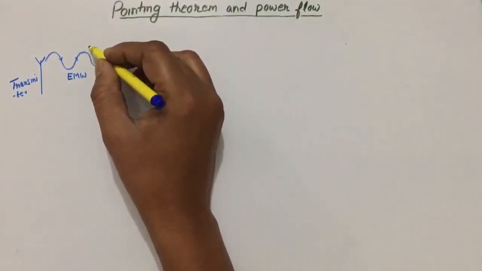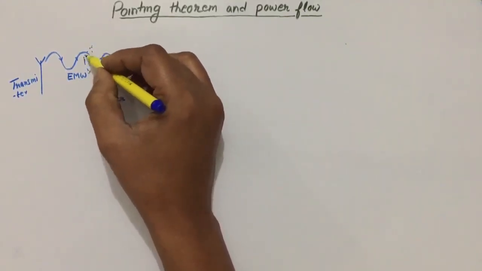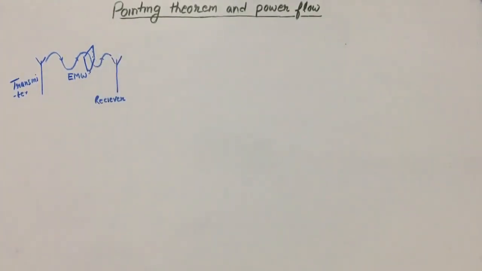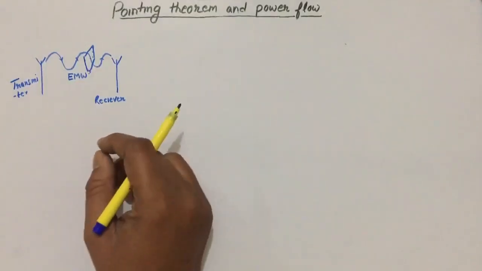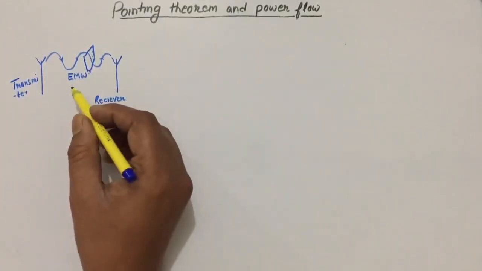For example, let us consider this surface, and what will be the power in the wave that is crossing the surface. Until now we have studied the electric and magnetic components of an electromagnetic wave.